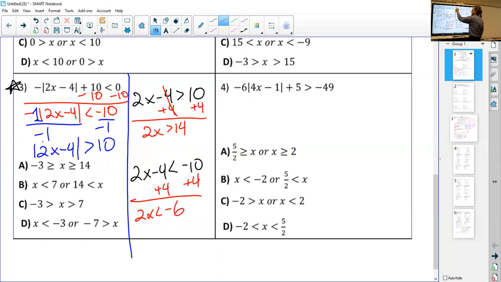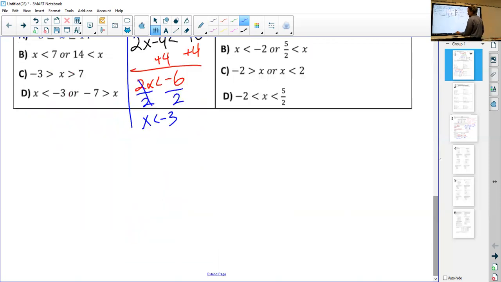Okay, and we're going to divide everything by 2. So for both sets of inequalities, we're going to divide by 2. So we're left with x is, what do we have? Greater than 7, or, that's a key word here, or x is less than -3. So that would be our answer.